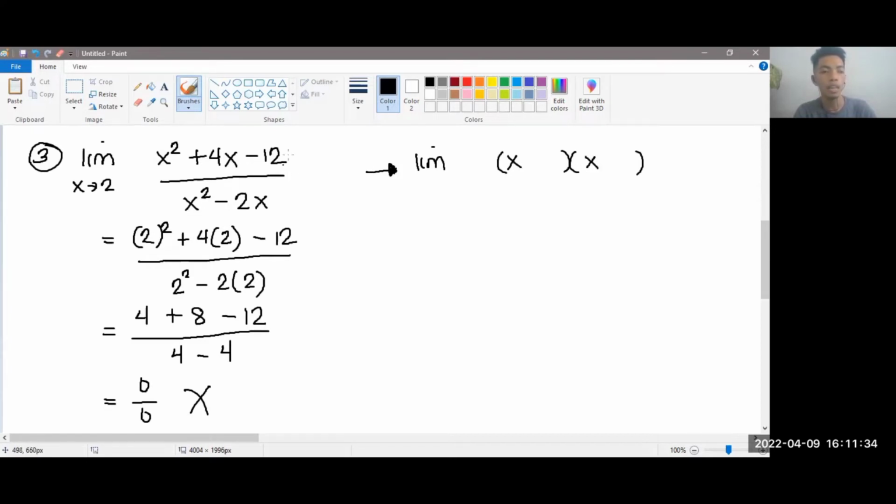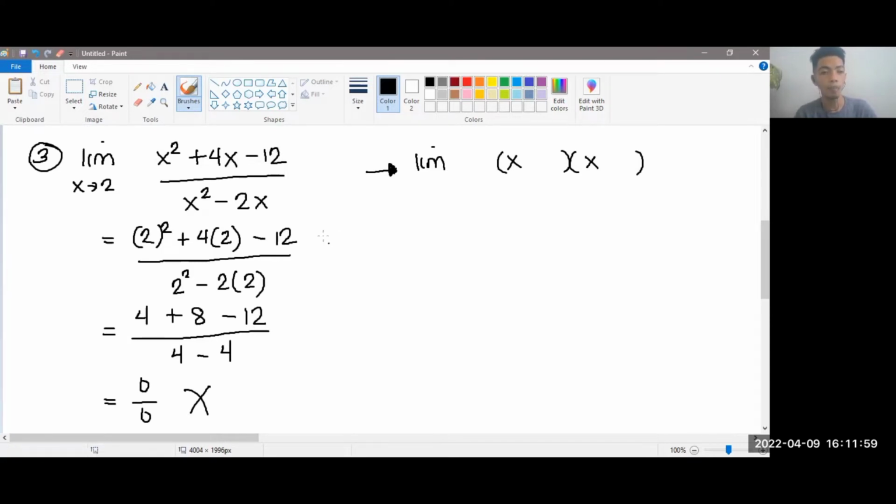Ang factor ng negative 12 will be, it's either 6 and negative 2, 2 and negative 6, 12 and negative 1, 1 and negative 12, 4 and negative 3, or negative 4 and 3.